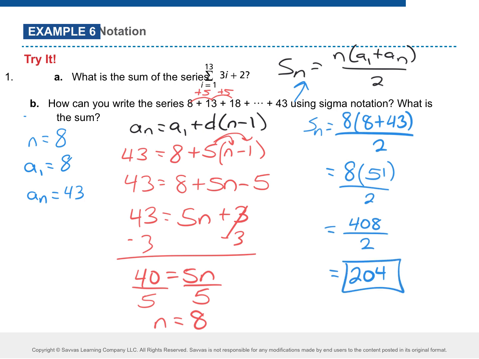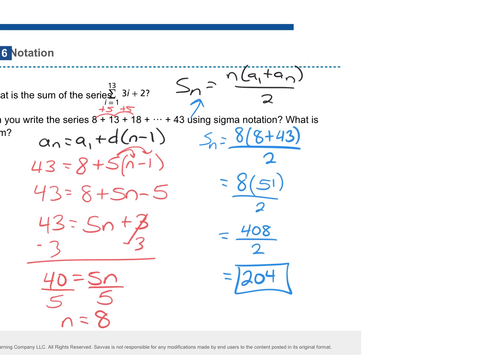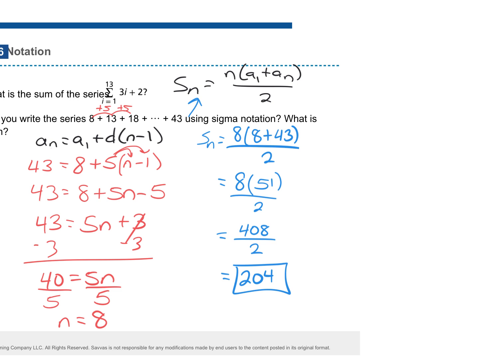Notice one more thing it was asking for. What did it want us to do? We found the sum. It wants us to write the sigma notation. So again, this is our sigma symbol. What goes on top? N, which is 8.